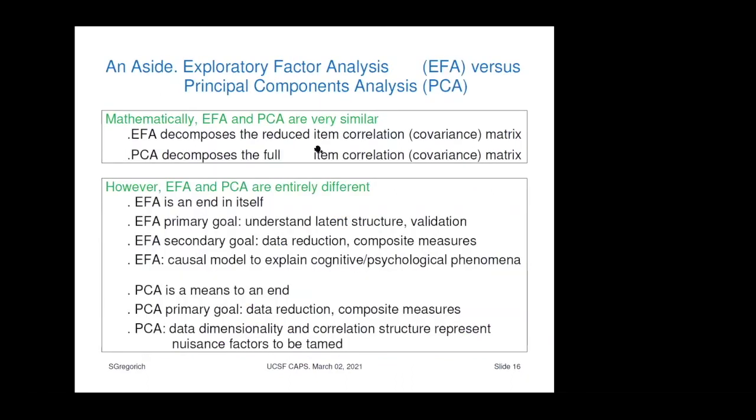And that takes us into an aside about the difference between exploratory factor analysis and principal components analysis. So just in terms of the matrix algebra, they're really the same procedure, at least in terms of factor extraction, except that EFA works with the reduced item correlation matrix and principal components analysis works with the full item covariance matrix.